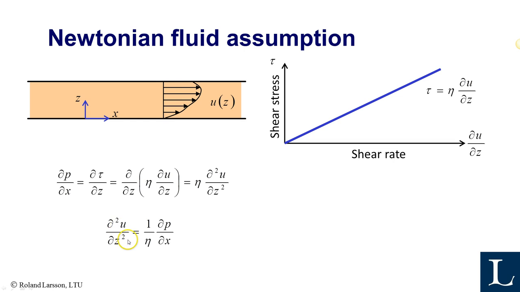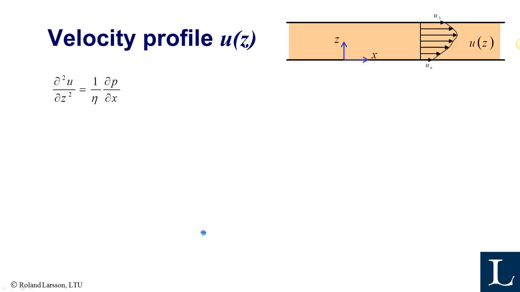You can reorganize that expression a little bit, and you end up with this one. So the second derivative of the fluid velocity equals 1 over eta multiplied by the pressure gradient. You can make use of that expression to find the velocity profile.